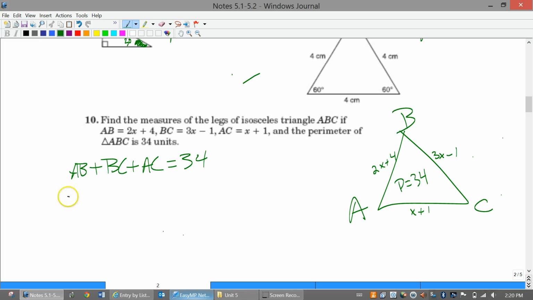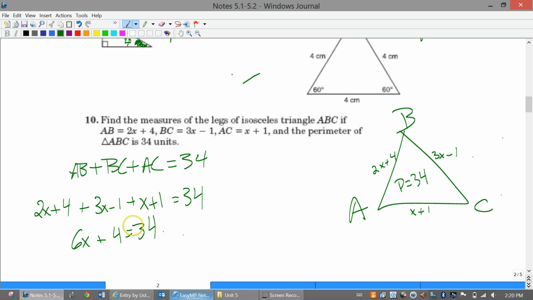Yeah, fantastic. Do I know what the measure of BC is? Yeah, 3x minus 1, fantastic. Do I know what the measure of AC is? x plus 1, fantastic. Now I have one equation with just one variable, and I can solve that. Ain't no thing. 6x plus 4 equals 34. And I can solve that, and I get x is 5.